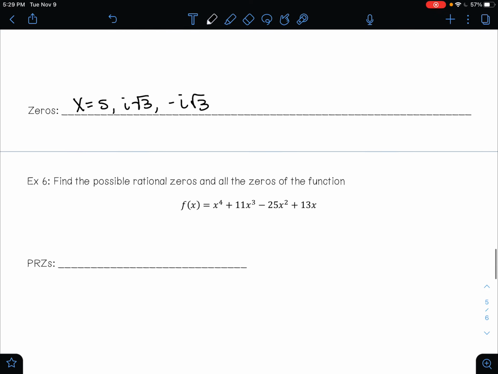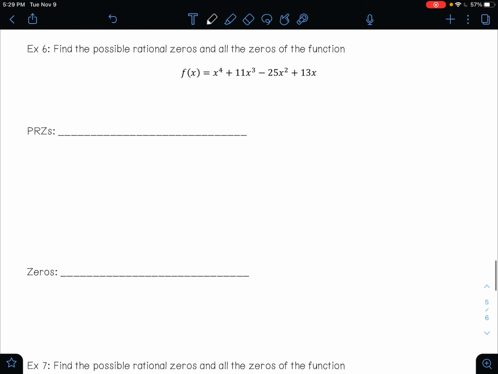If we look at example 6, it says find the possible rational zeros and then find all zeros of the function. So to find my possible rational zeros, I need my constant divided by leading. When I look at this equation, I do not have a constant. So that means that I have a GCF that I need to factor out first. Here, my GCF is x.